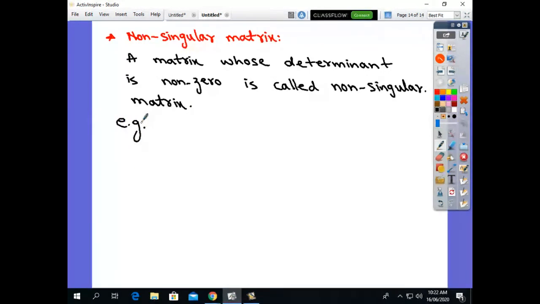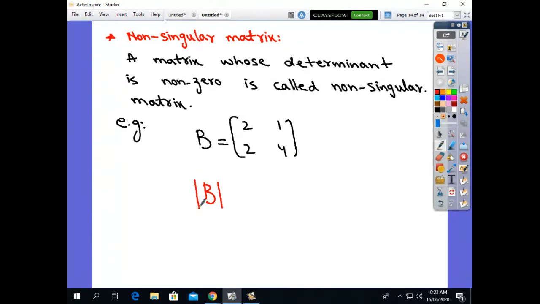For example, here we take a matrix B which is equal to [2, 1; 2, 4].